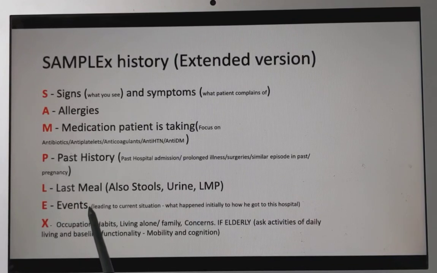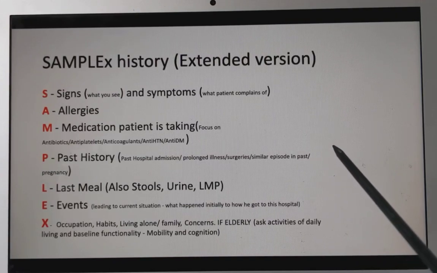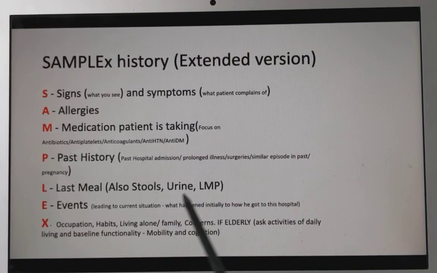Events is basically what happened, how the patient came here, the event and the sequence leading to the current situation. For example, two patients collapsed. One got up on his own, then came to the hospital by himself, whereas the other person collapsed, was picked up by people and came here via ambulance.